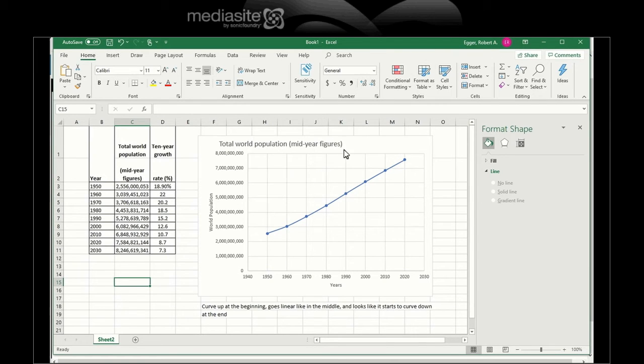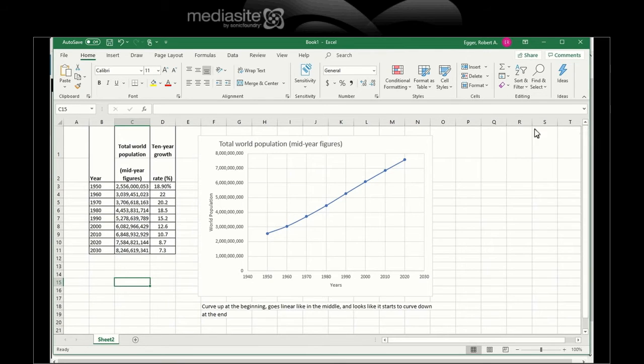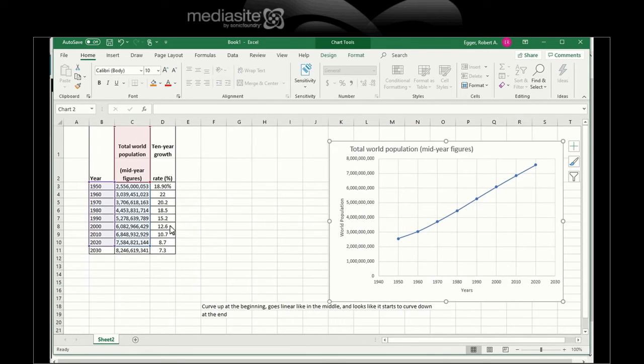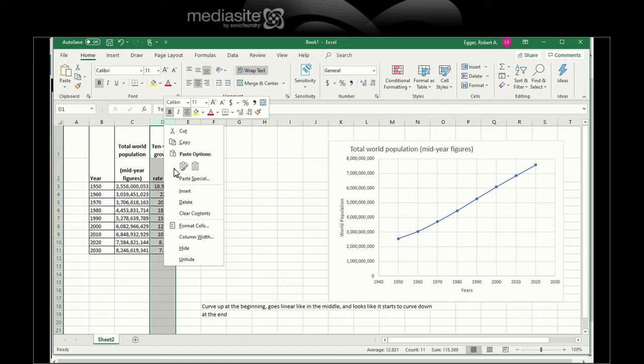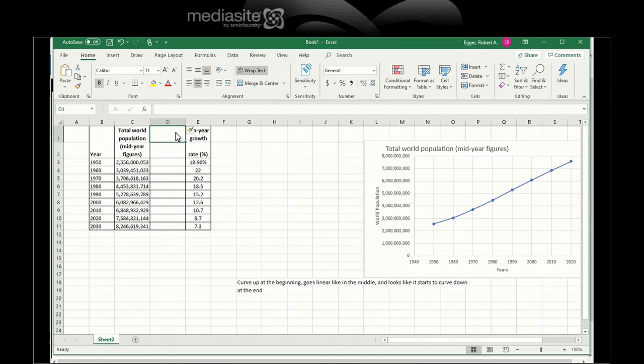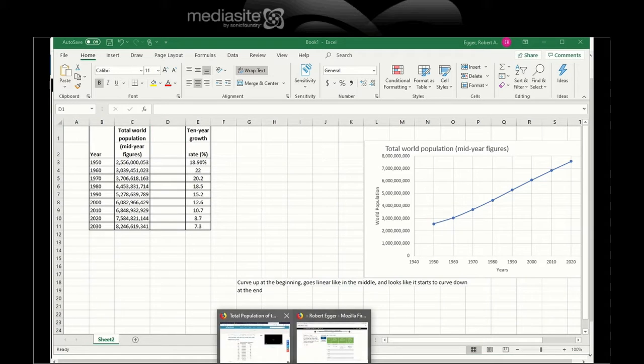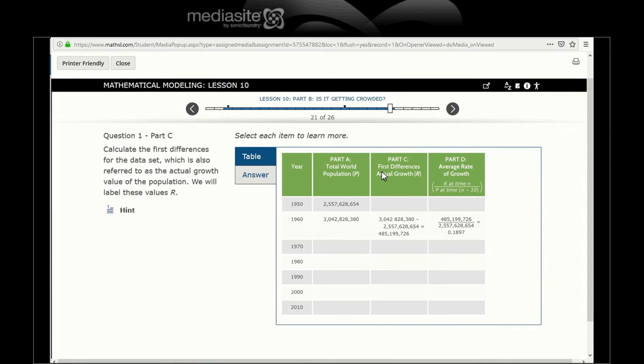So let's close this guy out, close this guy out, move this guy over, and let's give ourselves a new column. And what's the column going to be? Column is going to be called First Differences Actual Growth.